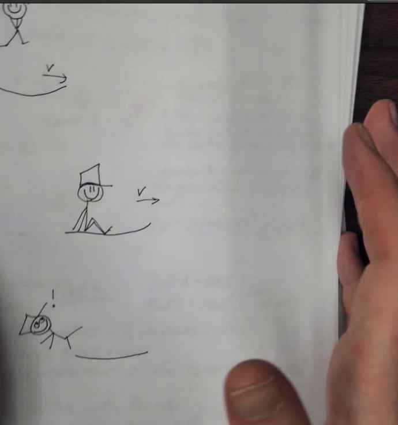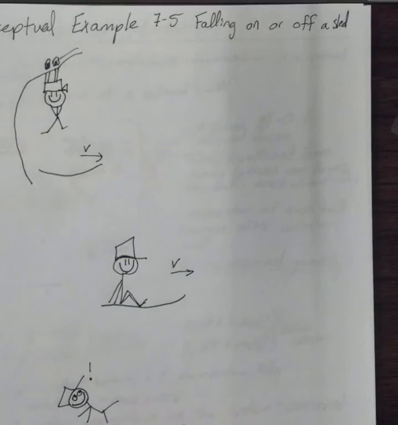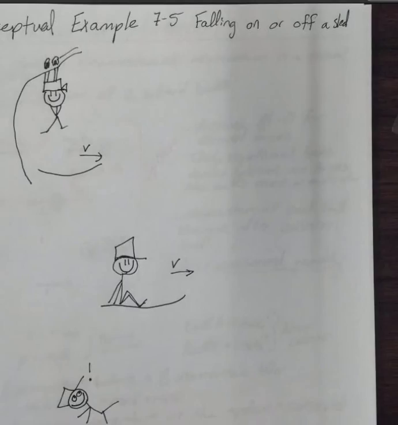So finally, let's take a look at a little conceptual example, falling on and off of a sled. So the question is, if an empty sled is sliding on frictionless ice, when Benny drops vertically from a tree onto the sled, when he lands, does the sled speed up, slow down, or keep going the same speed?